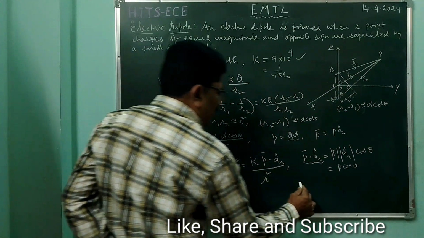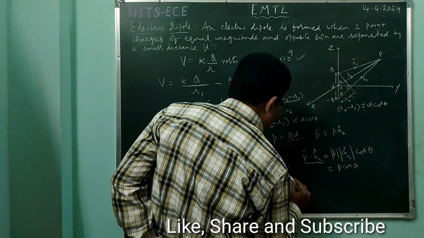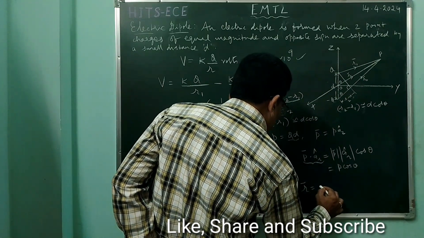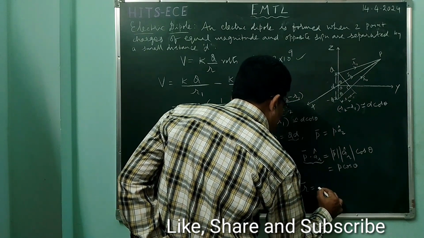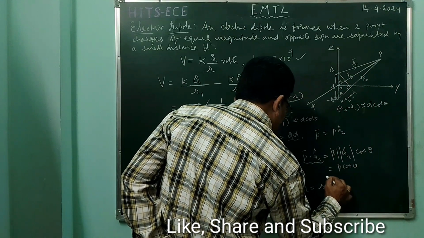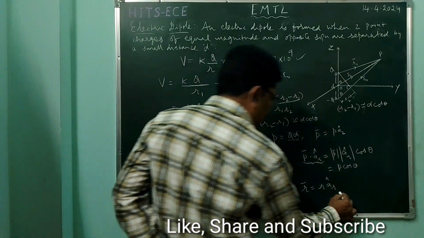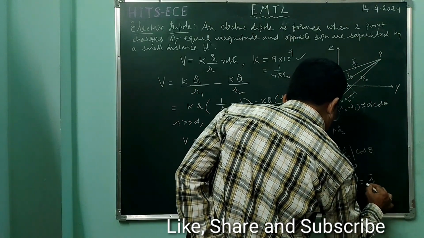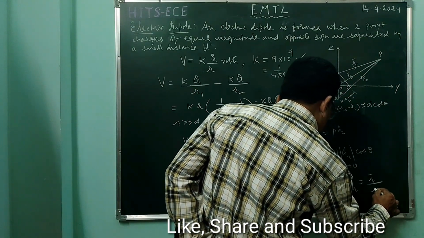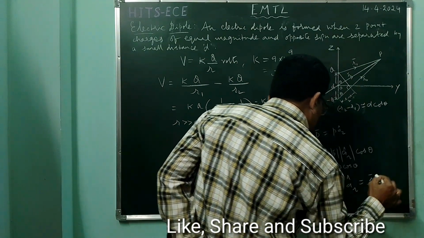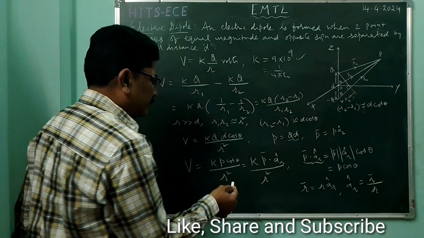But any vector, for example, let us consider R only. Vector R is equal to its magnitude into unit vector ar cap. So ar cap is equal to vector R by its magnitude R. So let us substitute that here.